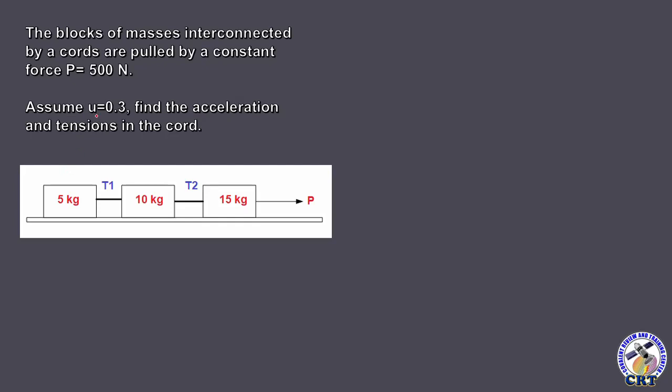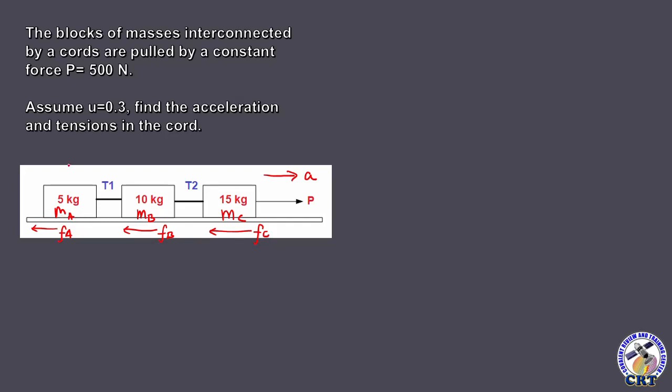Okay, so since friction is involved, we have to consider the effect of the weight. Again, this is mass A, this is mass B, and this is mass C. The direction of the acceleration is to the right, while the direction of the frictional forces, FA, FB, and FC, are all going to the left.